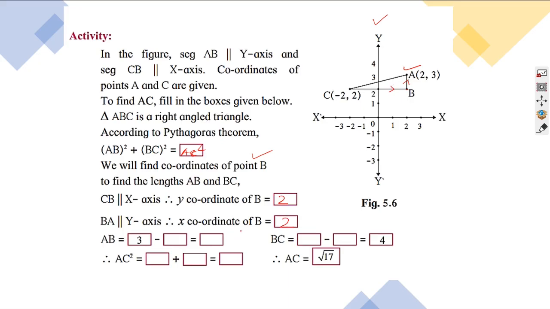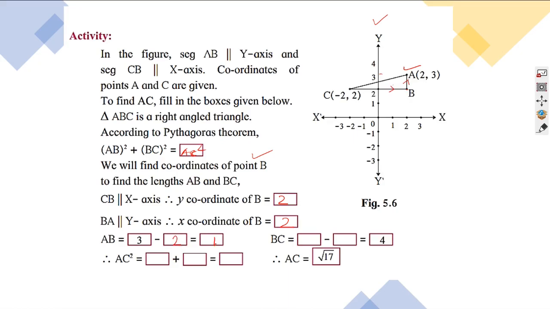That means AB is equal to 3, which is this point, the y coordinate of A, minus that of B, which is 2, and is equal to 1.